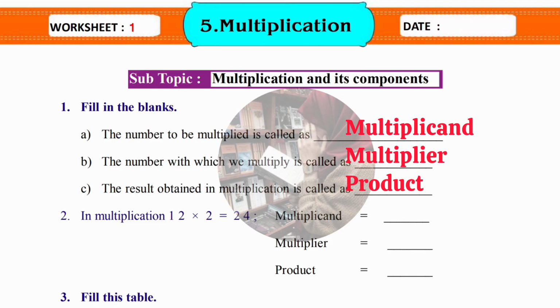Third one, the result obtained in multiplication is called as product. Product is nothing but the answer we get by doing multiplication.